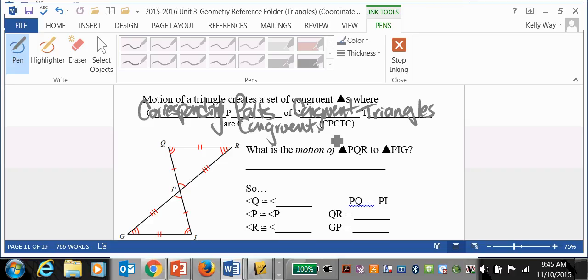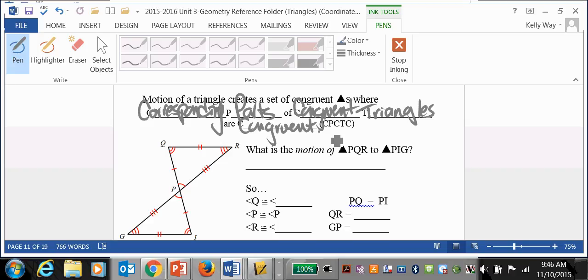Corresponding parts of congruent triangles are congruent. Do you see that? We have to basically say whole equal. Okay. Corresponding parts of congruent triangles. So if these triangles are equal, then all the parts are equal.